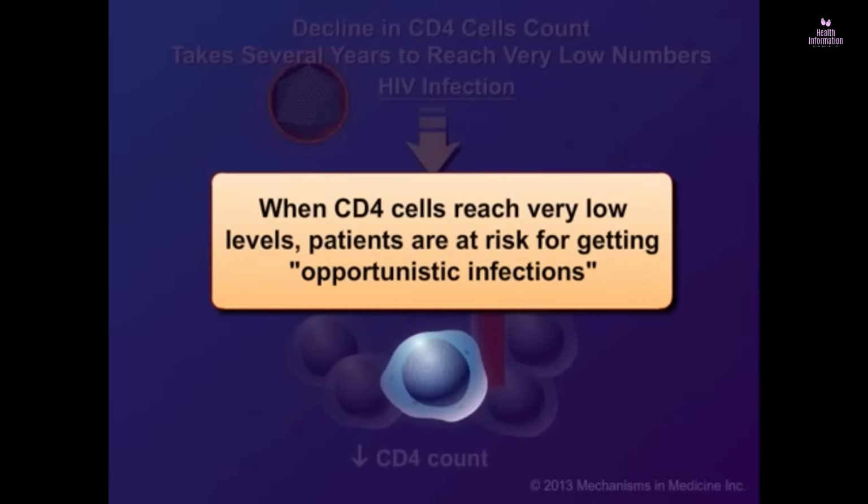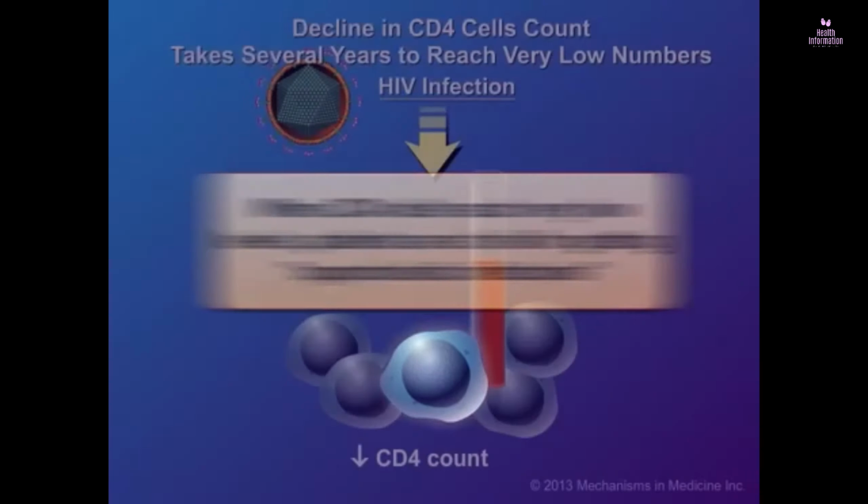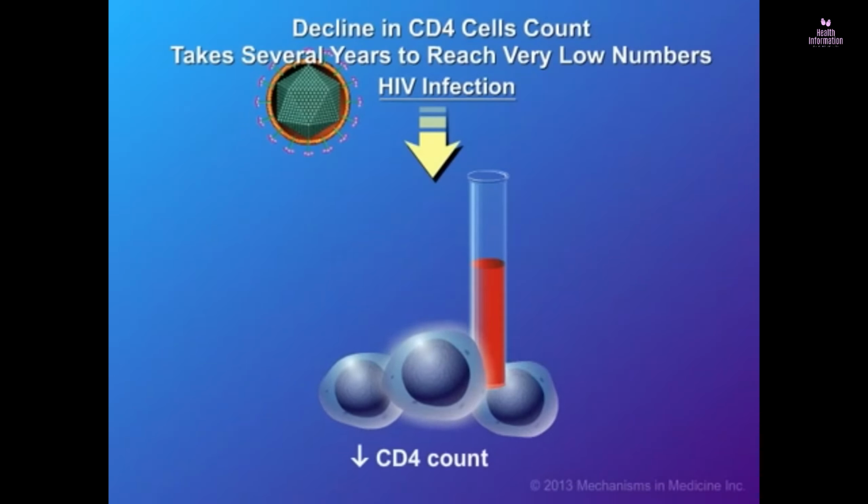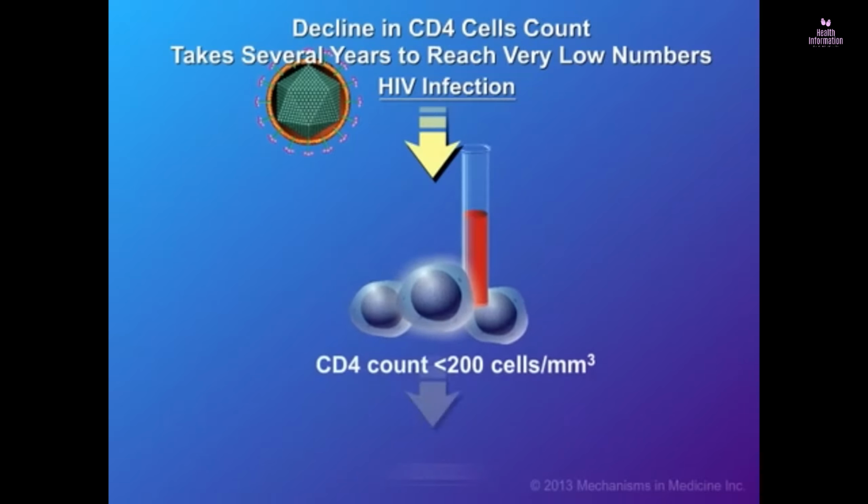These are called opportunistic infections because they take advantage of the body's weakened defenses. Once CD4 cells fall below a level of 200 cells per cubic millimeter in the bloodstream, or if a person has an opportunistic illness, this is considered an advanced stage of HIV infection, called Acquired Immunodeficiency Syndrome, or AIDS.